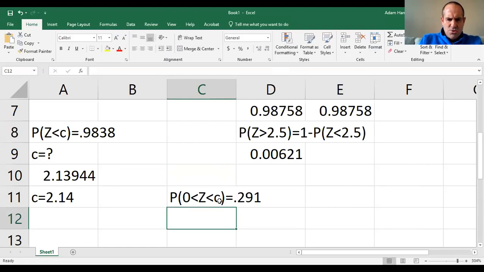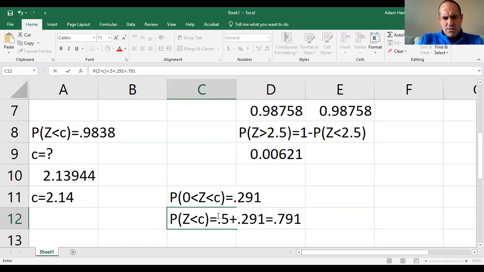Well, do you see? Okay, I'll leave it as C. How much area is to the left of 0 for the standard normal? Well, 50%. So this means that the probability that Z itself is less than C would have to be equal to 0.5 plus 0.291, which is equal to 0.791.